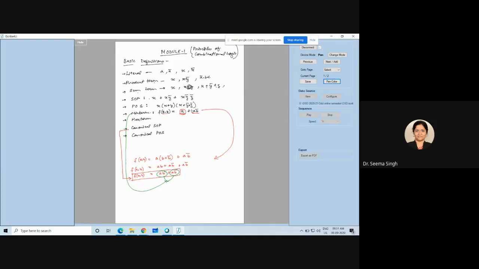A canonical sum of product is complete set of minterms that defines when an output variable is logical 1.